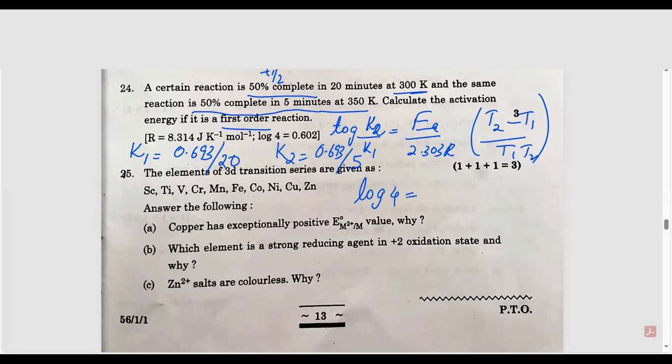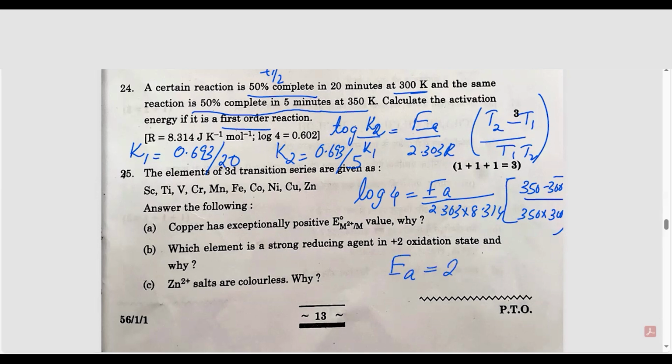Log 4 is equal to Ea by 2.303 into 8.314, then into 350 minus 300, so 50, by 350 times 300. Substitute the log 4 value and find the activation energy.